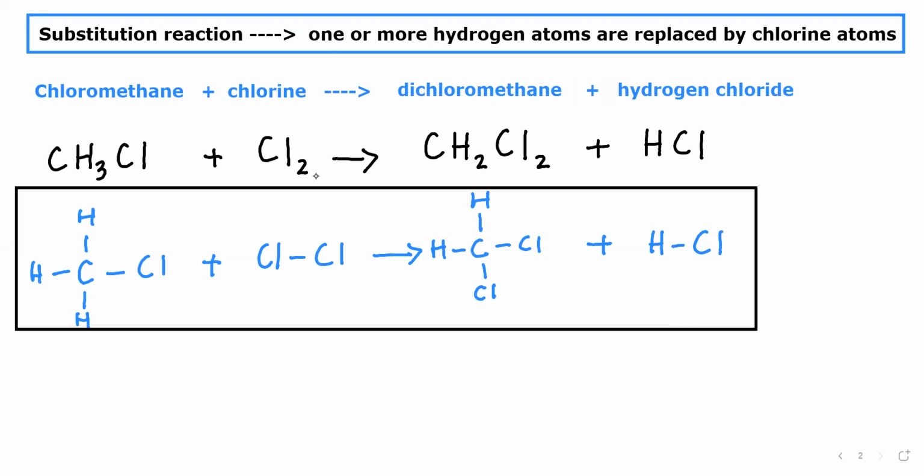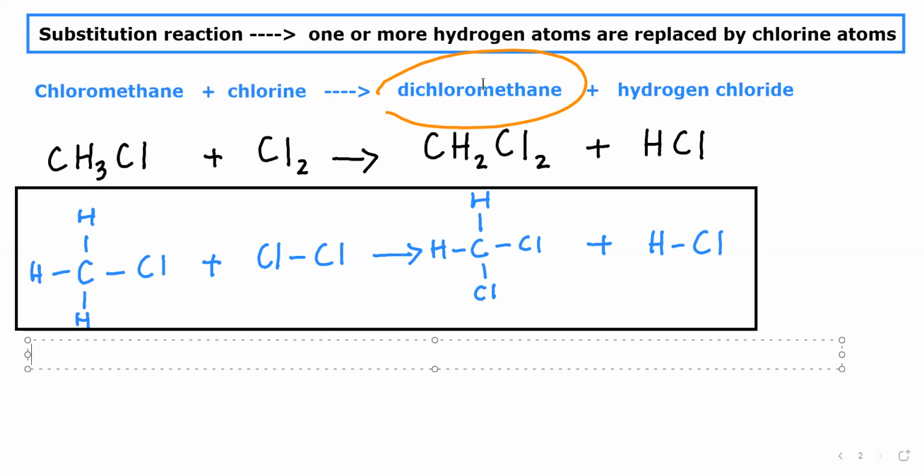We're going to take this dichloromethane and see how one more chlorine replaces a hydrogen. So I write here dichloromethane, and it is going to react with chlorine. Try what it is going to be when they both react. I'll give it a pause here.